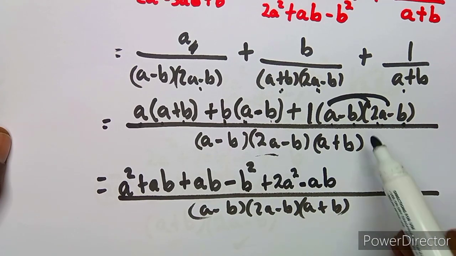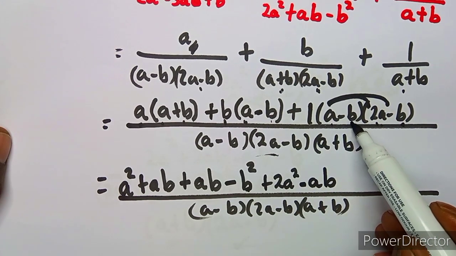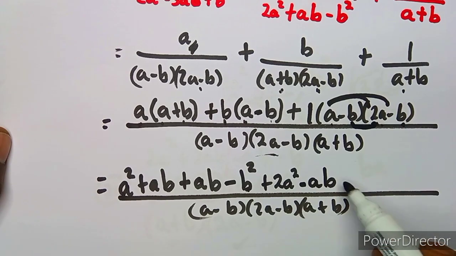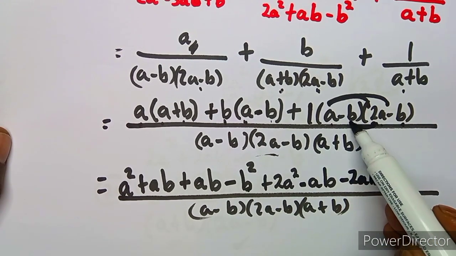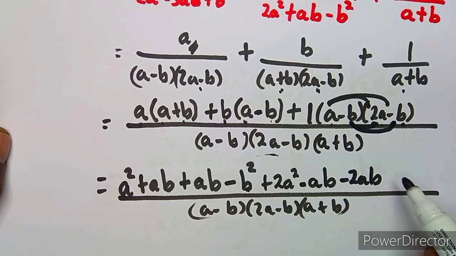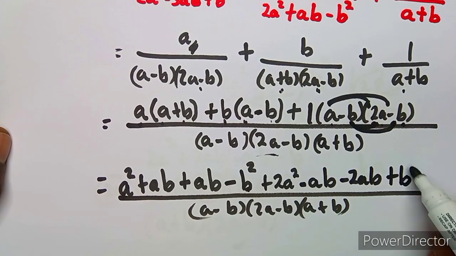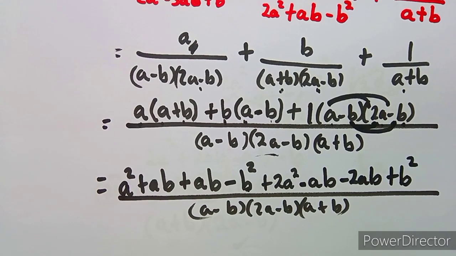We are done with a, we move on to b, so it's minus b times 2a, which is minus 2ab, minus b times minus b, which is plus b squared, like that. So the moment you expand like that, you are now able to collect like terms.